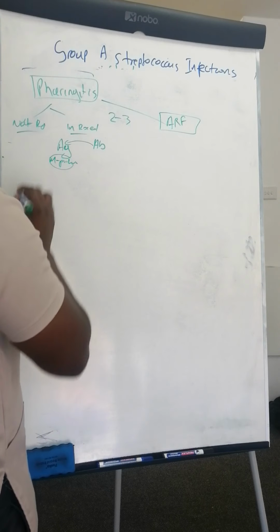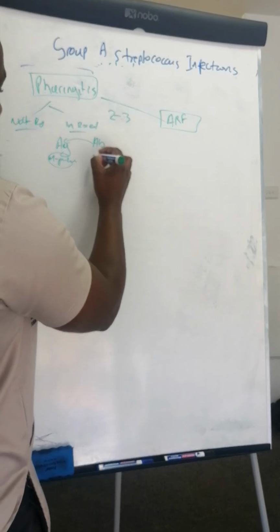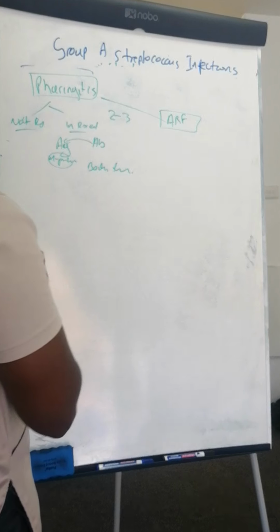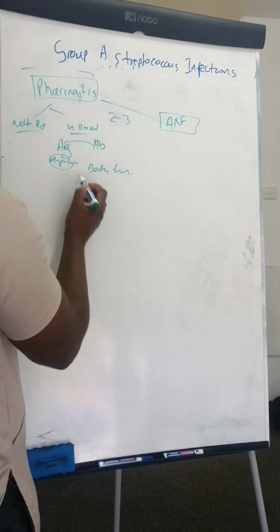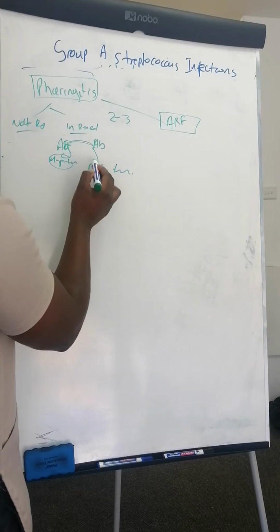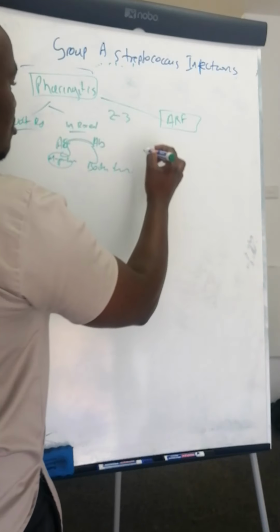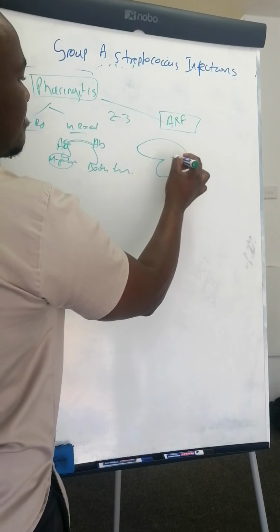This M protein happens to be similar in structure to some of the body tissues. So now, because of this molecular mimicry and cross-reactivity, the antibodies do not only attack this, but they also attack body tissues. And we said that the body tissues that are normally affected are the brain, especially the basal ganglia.